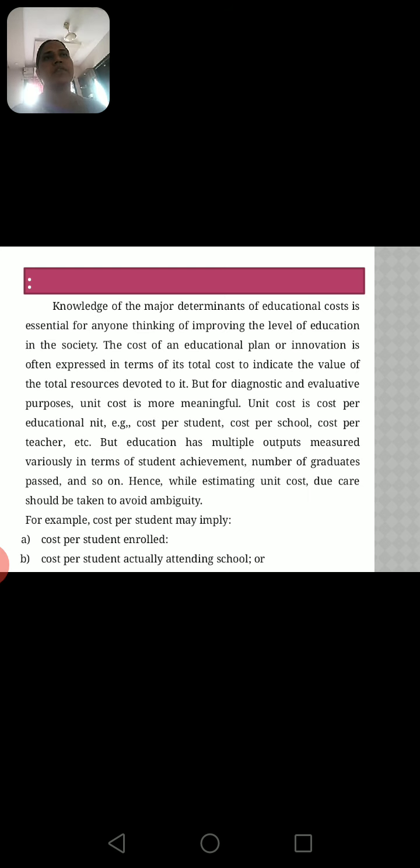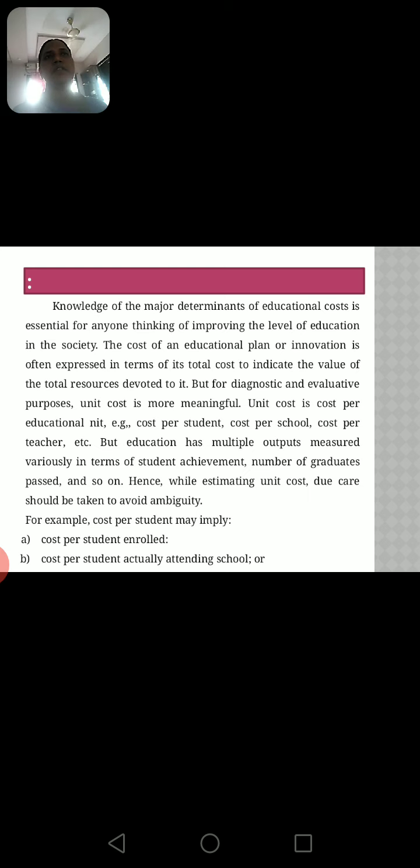The cost of an educational plan or intervention is often expressed in terms of its total cost to indicate the value of the total resources devoted to it. But for a diagnostic and evaluative purpose, unit cost is more meaningful. Unit cost is cost per calculation unit, that is cost per student, cost per school, cost per teacher, etc.